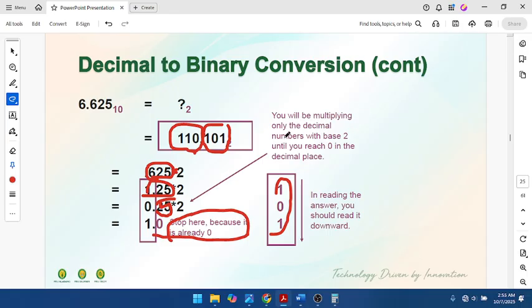You will be multiplying the only decimal numbers with base 2 until you reach 0 or decimal place. Ayan. So for 110, so 6.25.